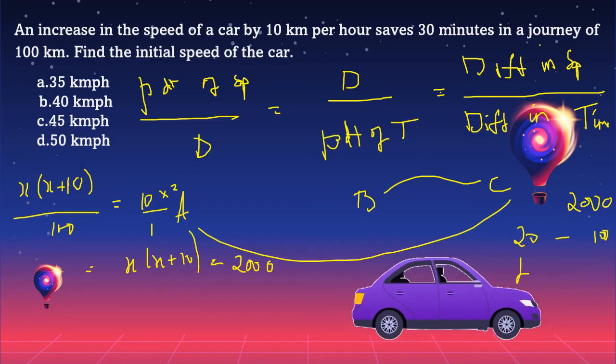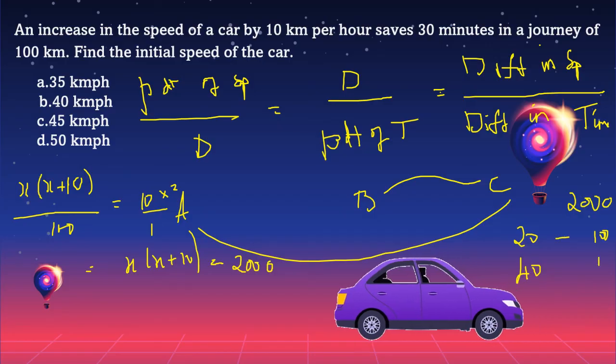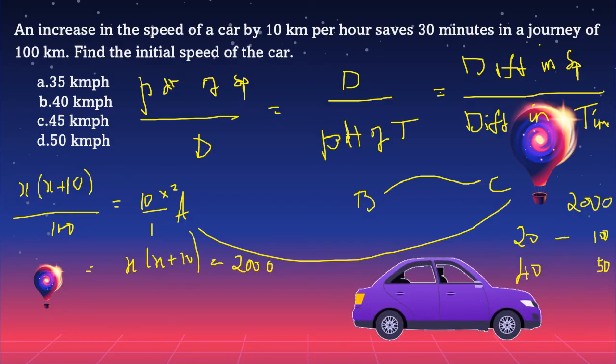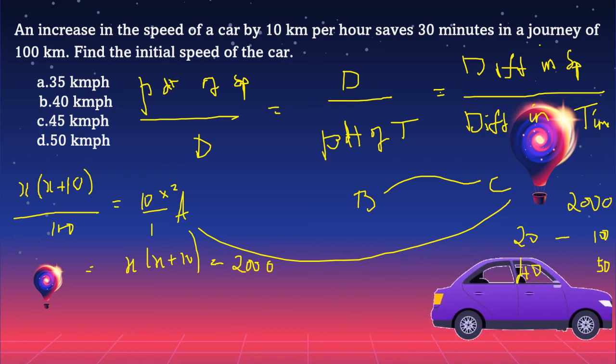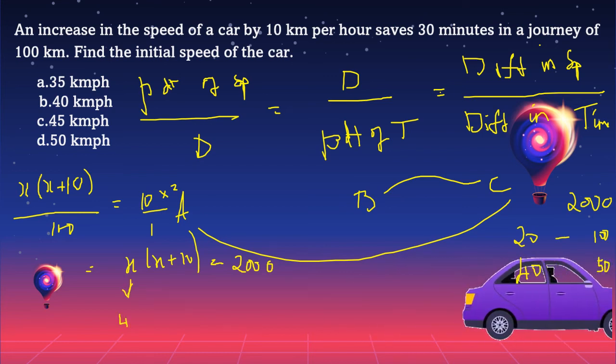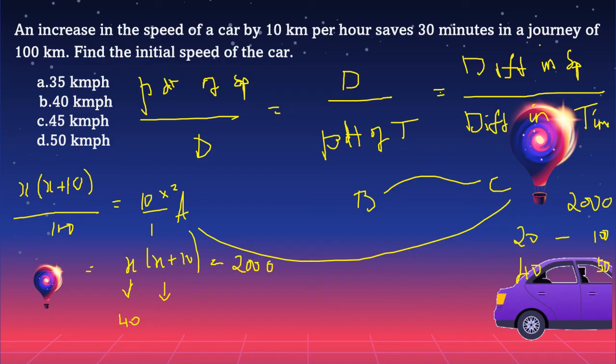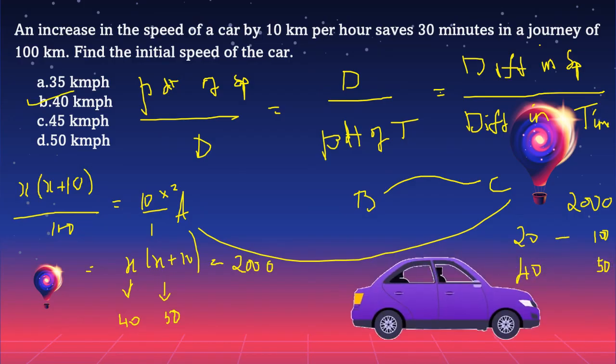So I'll go with 40 and 50. 40 into 50 gives you 2000, and the difference is 10. So x is 40 and x plus 10 is 50. You're supposed to find the initial speed, which is x, and that is 40 kilometers per hour. So likewise, you can solve many questions within exactly 10 or 15 seconds max.